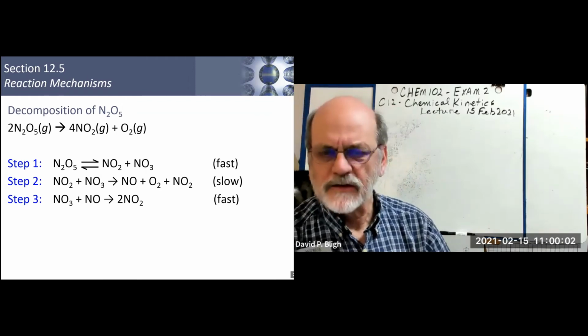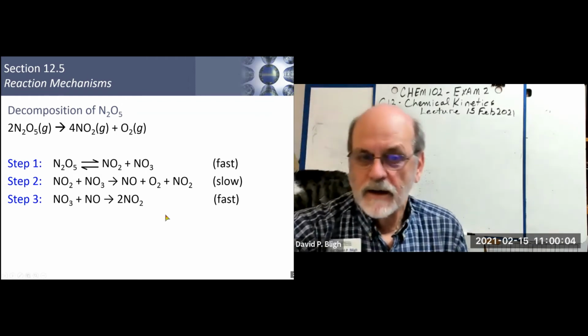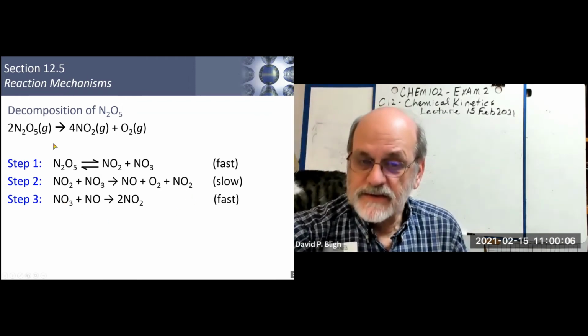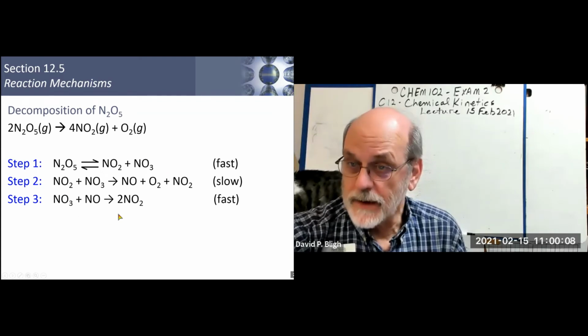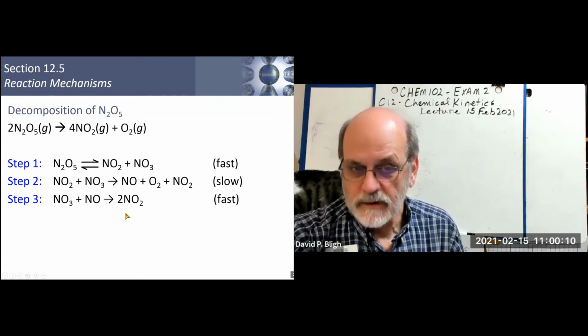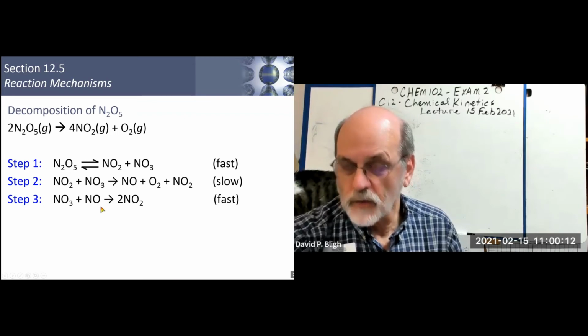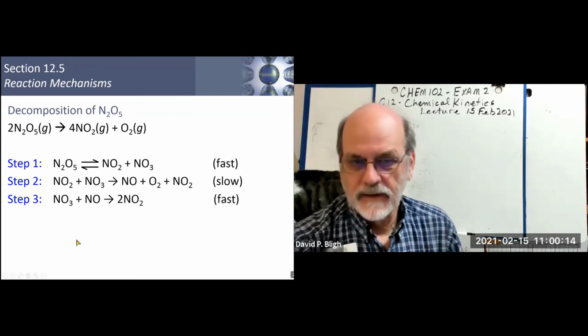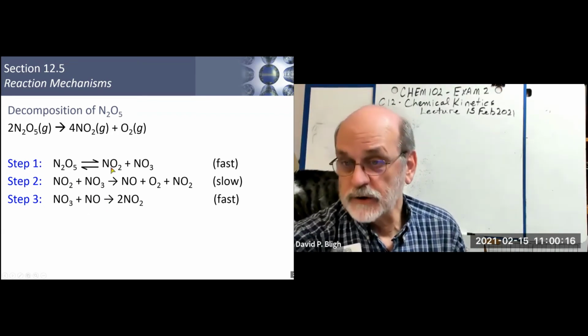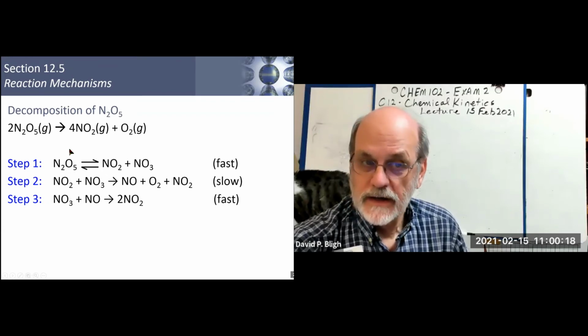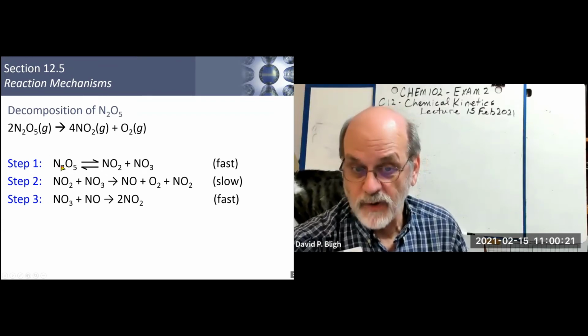All right. So how do we do that? Well, these mechanism steps must add up to the overall. So we've got to see, can we do that? Well, the first step, if we multiply the whole thing through by 2, gives us 2 N2O5s and solves that problem.